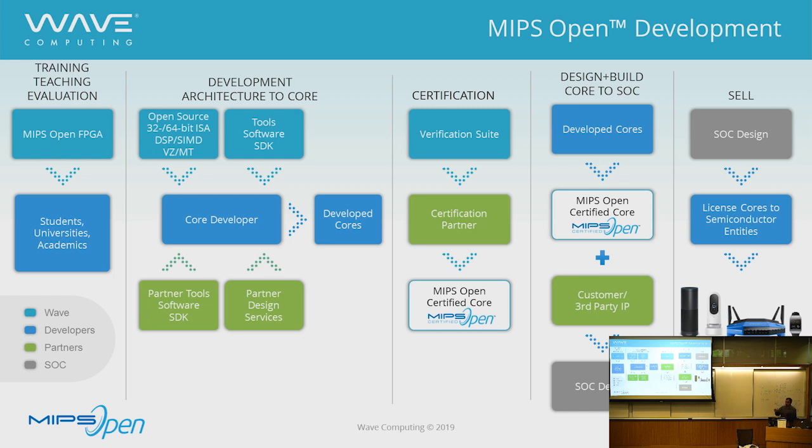Then we have a certification process in place, so you can make sure that it is compliant with the MIPS architecture. Once you have done that, you can also add your own customer IP, third-party IP, and then do a SoC design, and then anybody can sell or license the architecture, the core, to the semiconductor vendors.